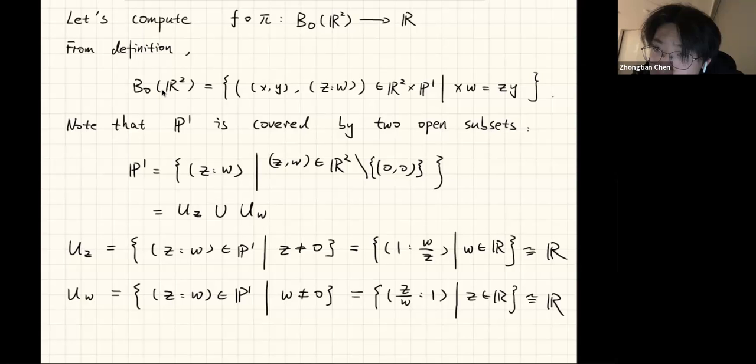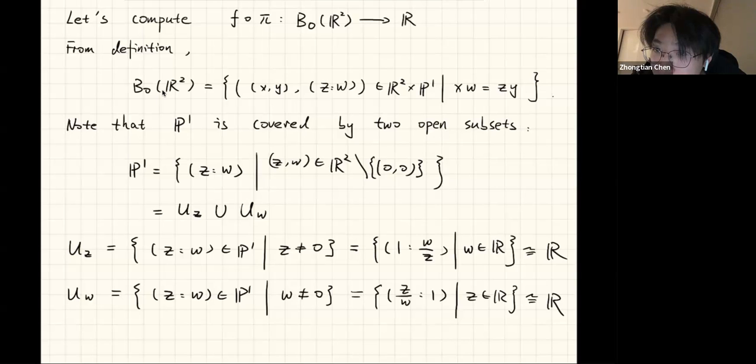Is that right? Yeah, it's hard to see from here, but actually is UW more like not including this point in the middle? Maybe. Oh no, I think UW is not including this point.